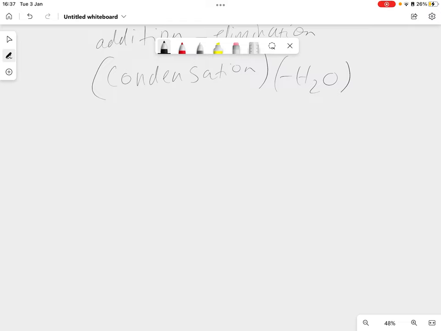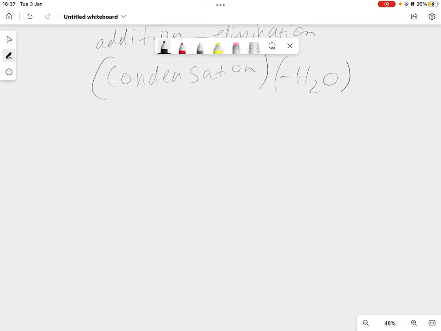So, our normal alcohol, and I'll draw it like this: R to OH plus our normal carboxylic acid is going to form our ester. Oh, it's going to be horrible to draw now. I'll do a proper molecule. We'll form an ester.